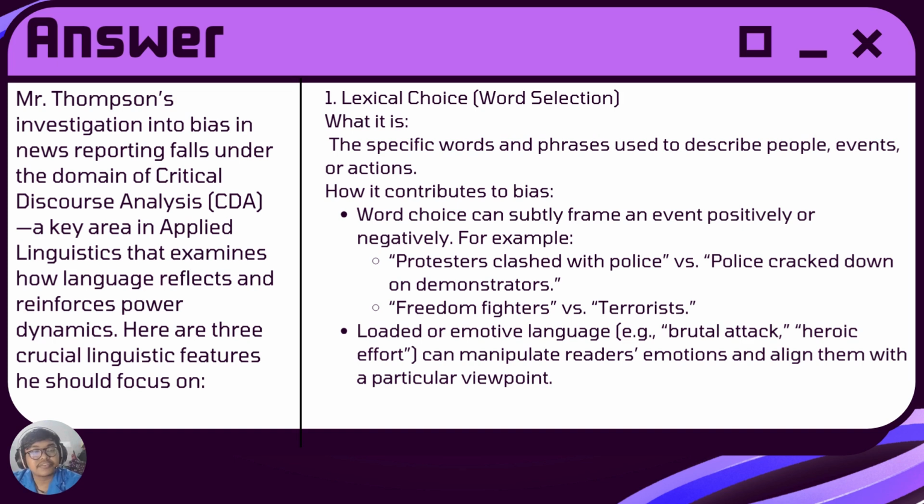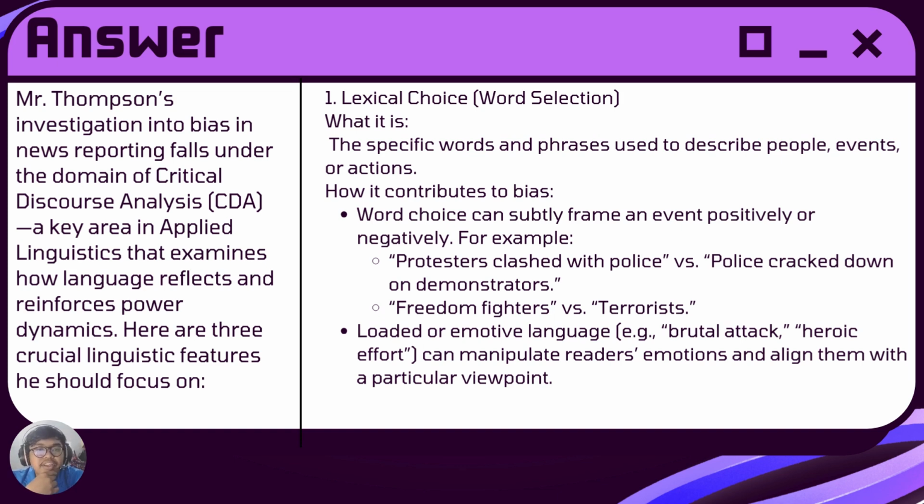Mr. Thompson's investigation into bias in news reporting falls under the domain of critical discourse analysis, or CDA, a key area in applied linguistics that examines how language reflects and reinforces power dynamics. Here are three crucial linguistic features he should focus on.